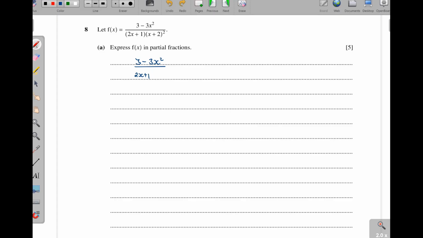and then here we have x plus 2 squared. So we shall have a out of this 2x plus 1, and then plus b. Then we consider when this one is not squared, so that is x plus 2, and then we also consider when it is squared.